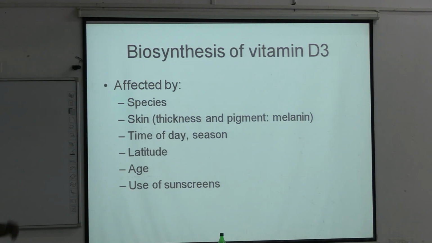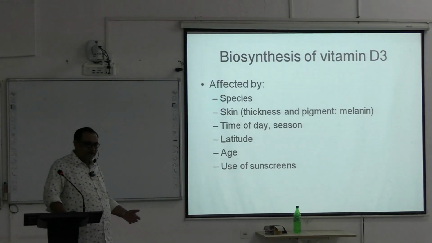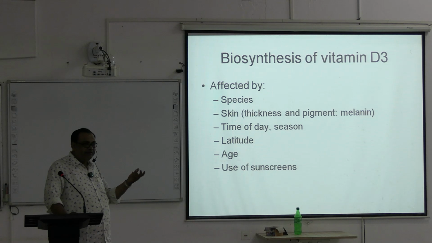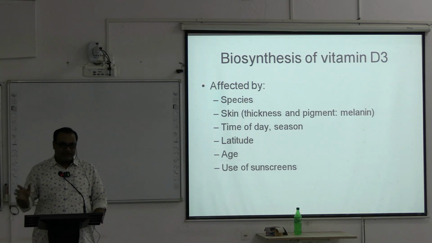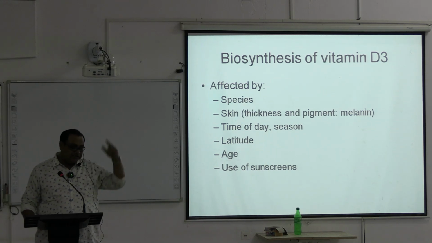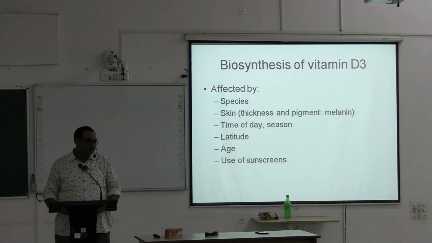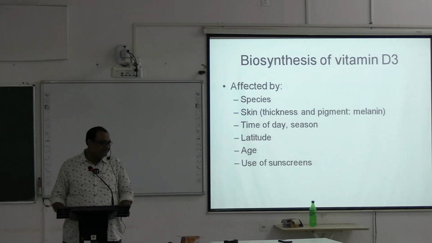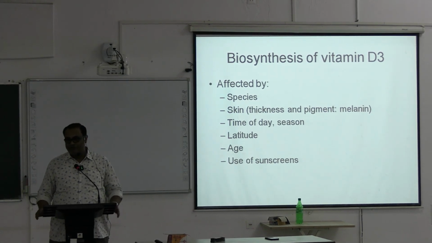You see, people in Antarctica, Eskimos, are they black or white? They are darker. Why? Can anyone explain why the Eskimos are darker than the Europeans, whereas they are at the highest latitude, almost 89, 85 latitude degrees? What happens at the poles?